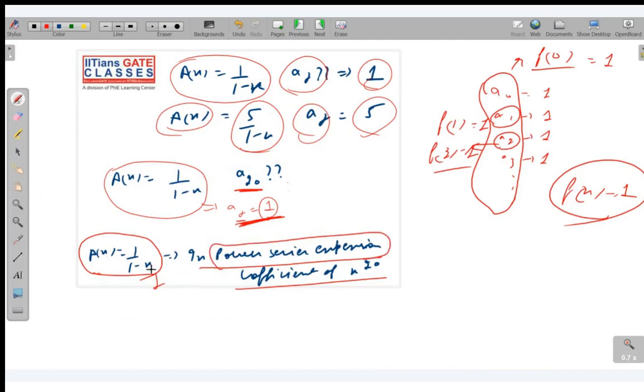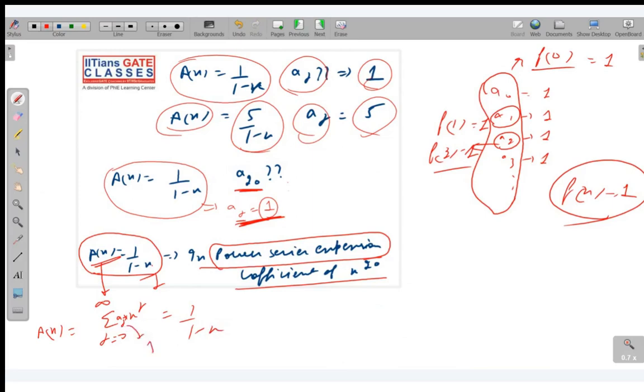AX is 1 upon 1 minus X, so sigma R equal to 0 to infinity X power R is 1 upon 1 minus X. More precisely, if you want me to do it step by step, the generating function is AR into X power R. Let me write it properly: AR into X power R, and this is 1 upon 1 minus X. So clearly you will get the idea.